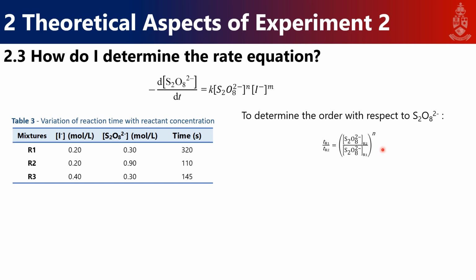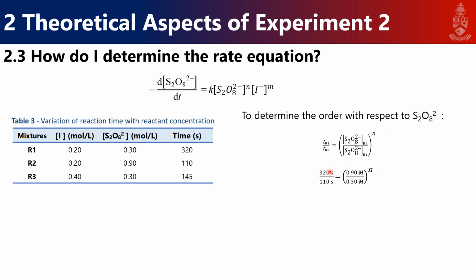So if I now use my equation, I say the time for reaction 1 divided by the time for reaction 2 is equal to the ratio of the concentrations of reaction 2 over reaction 1 to the power n. So I substitute from the table. If you want to double check, you can pause the video here and double check the substitutions.